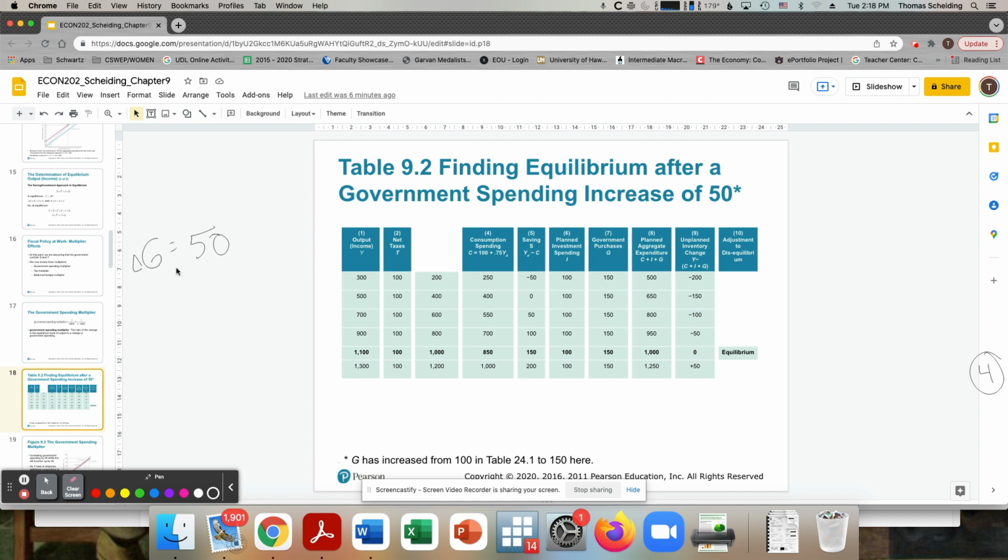If the change in G equals 50, just writing this out again, then my equilibrium level of output, in income, has to have increased by 200. And indeed it did. It went from 900 to 1100. We see that right here.